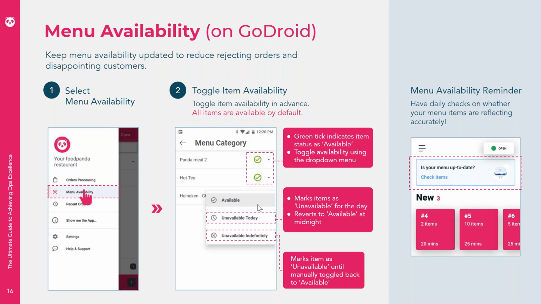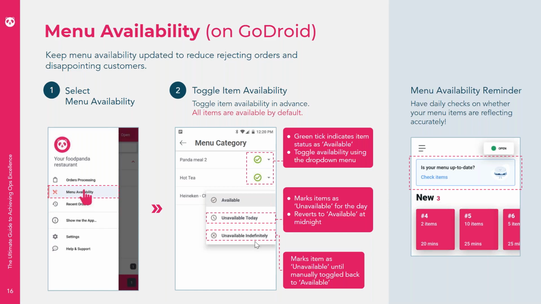So over here, you can see there are three options available for you to set the status. If you mark the item as unavailable for the day, it means that the item is only unavailable for just today, and then it will revert back to available the next day.